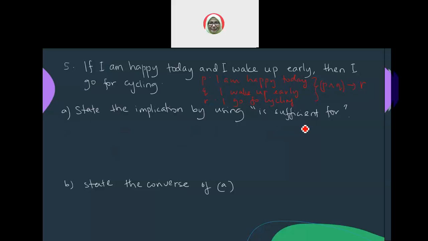By using the words is sufficient for. That means this one is sufficient for I go for cycling.